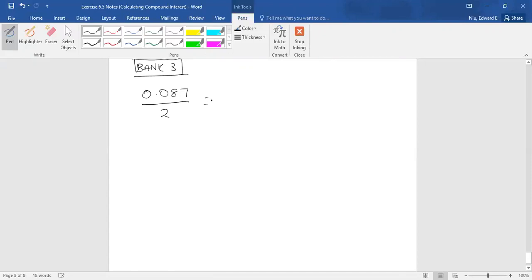And so what this gets us is 0.087 divided by 2, which is 0.0435. Okay, so that's step 1. Step 2, what we do is we take this part, our answer in step 1, we put a 1 in front and we power it by the compounding period, which is twice or 2 times a year.